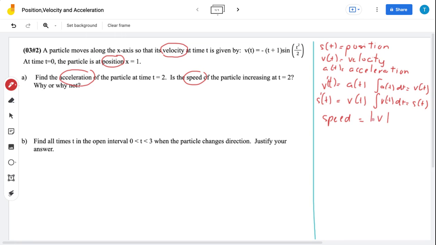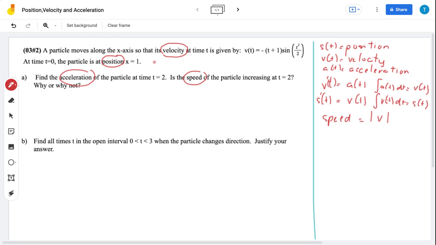But velocity could be positive or negative because it has direction. For example, if we go to the right, then velocity is positive. If we go to the left, the velocity is negative. Or typically, if we go up, velocity is positive, and if we go down, velocity is negative.